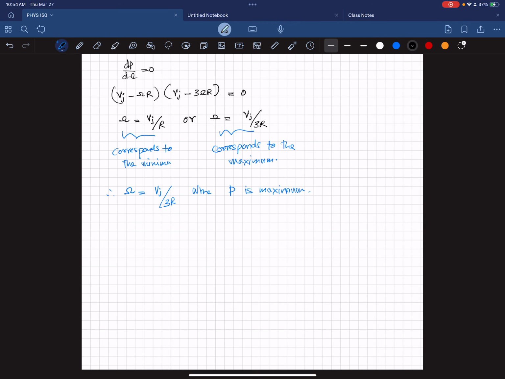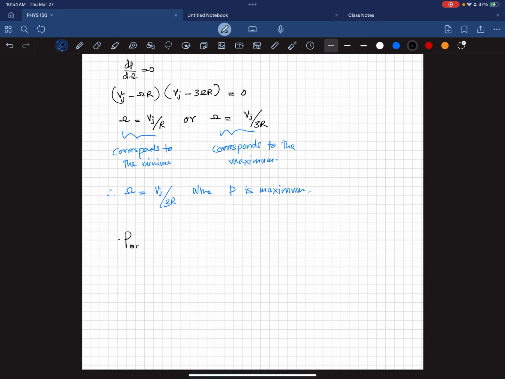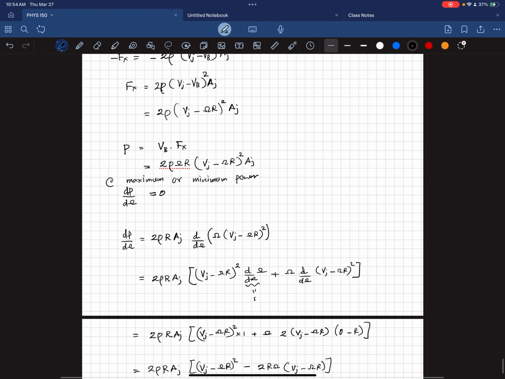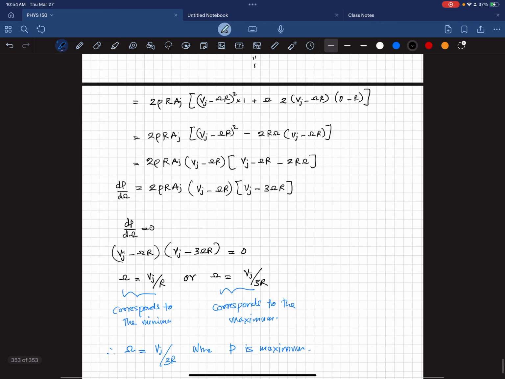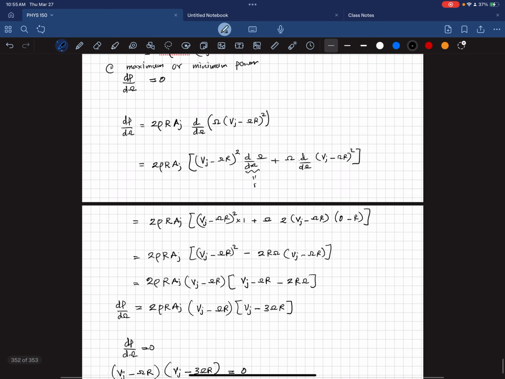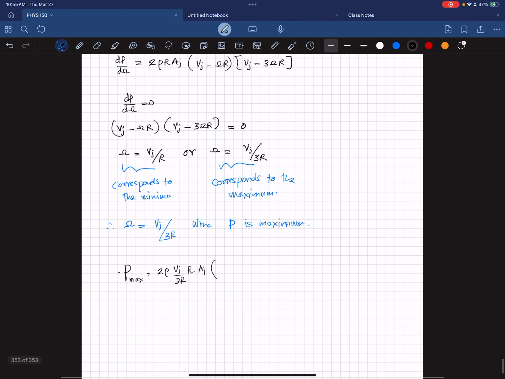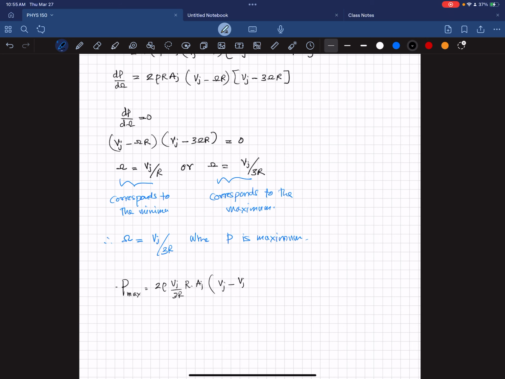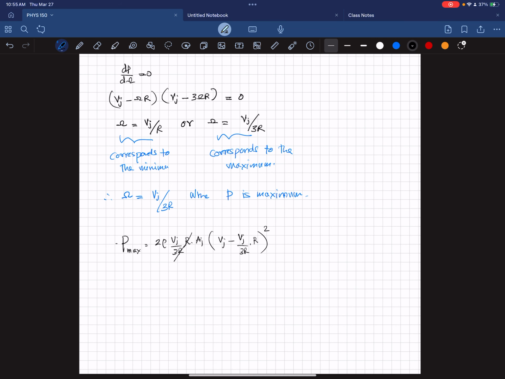Now by substituting omega equals Vj over 3r, we can find maximum P. So P max is equal to 2 rho, instead of omega r you put Vj over 3r times Aj, and here as well Vj minus omega r, where omega is Vj over 3r, times r, squared. So we can cancel r here as well.